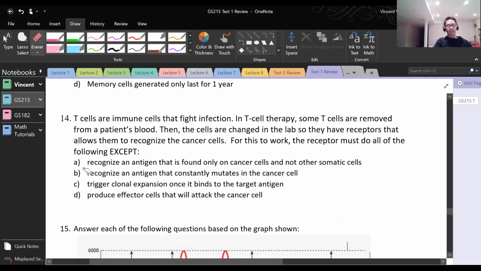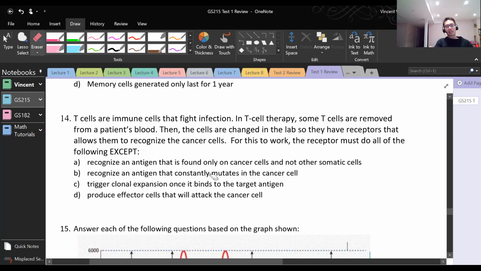Recognize an antigen that is found only on cancer cells and not other bodily cells. That one we want to happen. You do not want a T cell that is not able to distinguish what's cancerous and what's not. So that's not the exception.